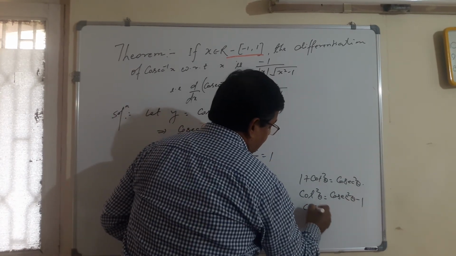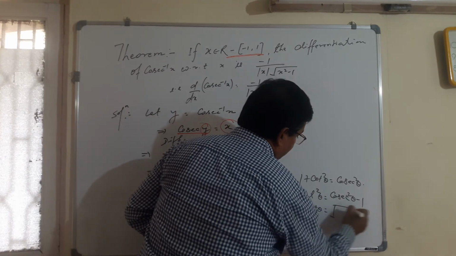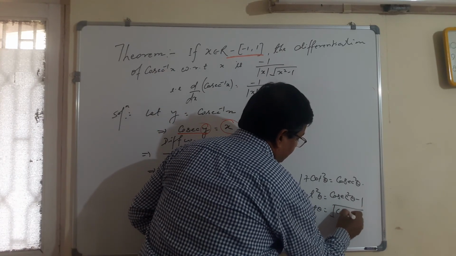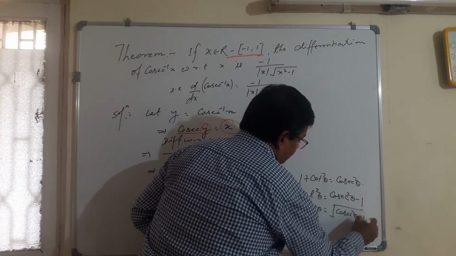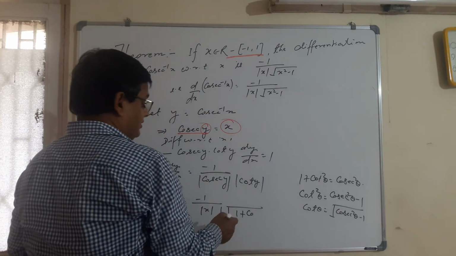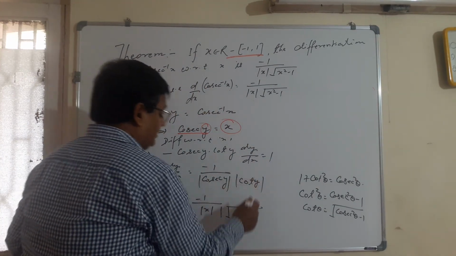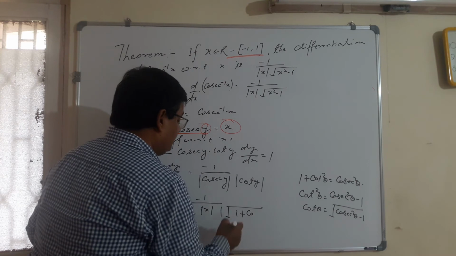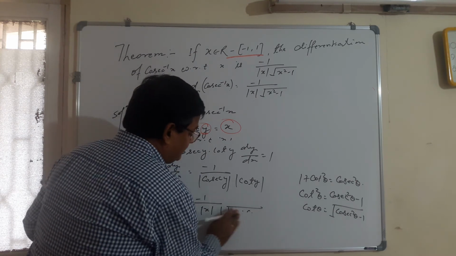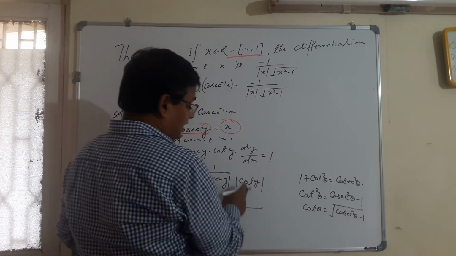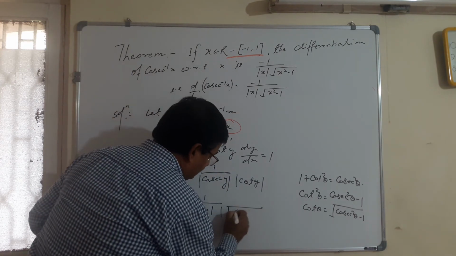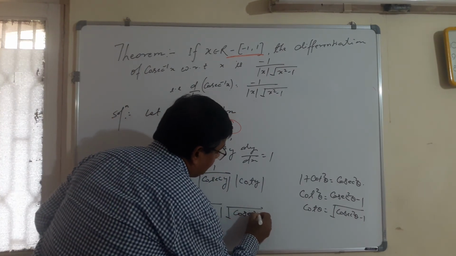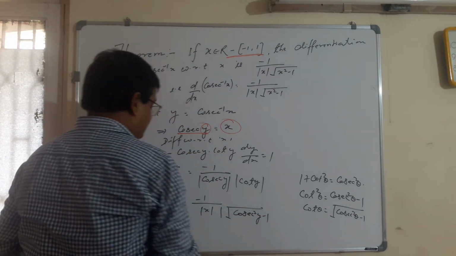So cot theta is equal to square root of cosec square theta minus 1. So cot y is square root of cosec square y minus 1.